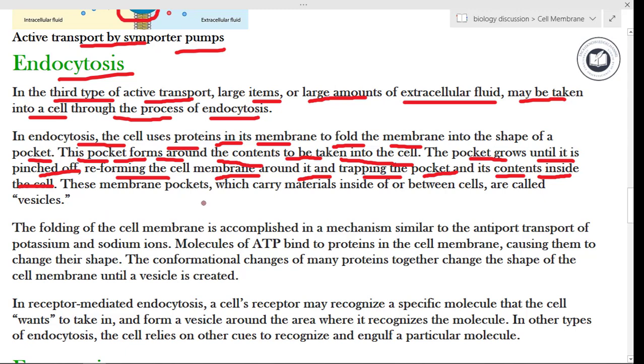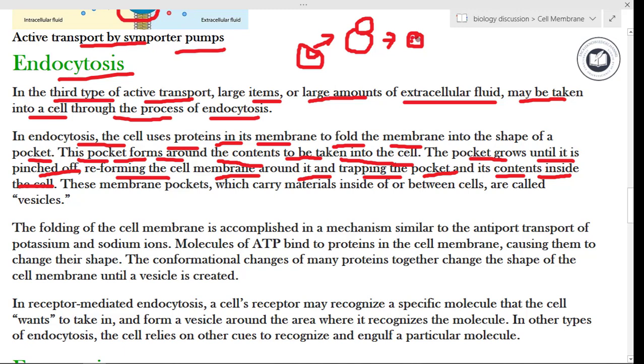So the pocket which is growing around the content pinches off from the cell membrane. Here the pocket is forming in the membrane, and this membrane pinches off from the cell, separating and trapping the pocket and its contents inside the cell.